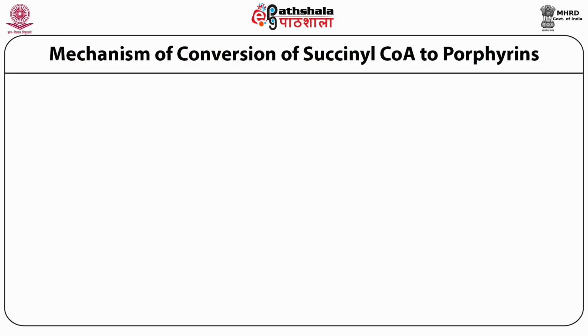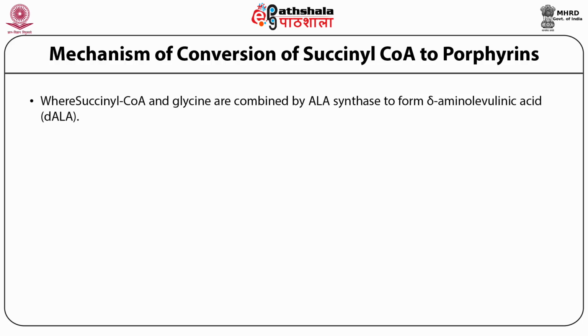The citric acid cycle, which is also known as the Krebs cycle or TCA cycle. Mechanism of conversion of succinyl coenzyme A to porphyrins, where succinyl coenzyme A and glycine are combined by synthase to form delta-aminolevulinic acid.